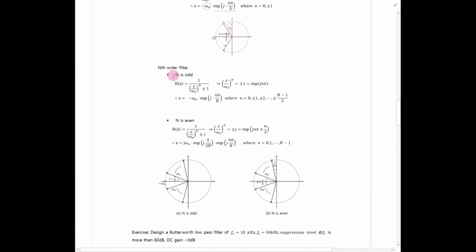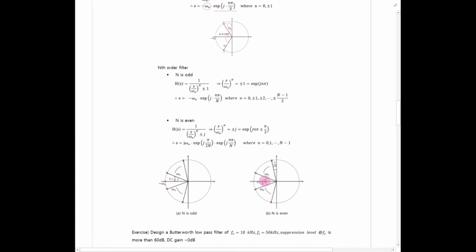So we would like to design an nth order filter, first assuming that n is odd. Then we can select the pole locations by use of these equations. n can be chosen from here. Then we can select n different poles on the left hand side. This is the odd case. We select poles with an angle difference of pi over n, and the number of poles is n. Okay, the radius of this circle is the corner frequency omega 0, and the even case is the same.